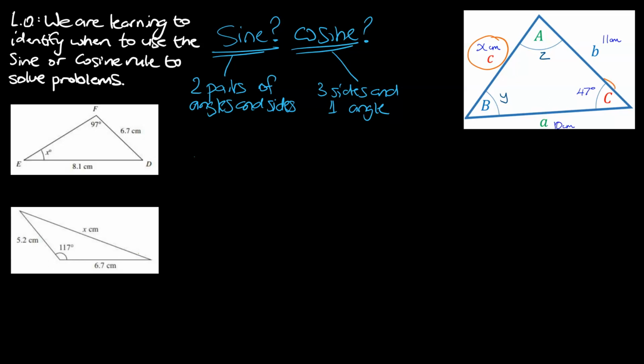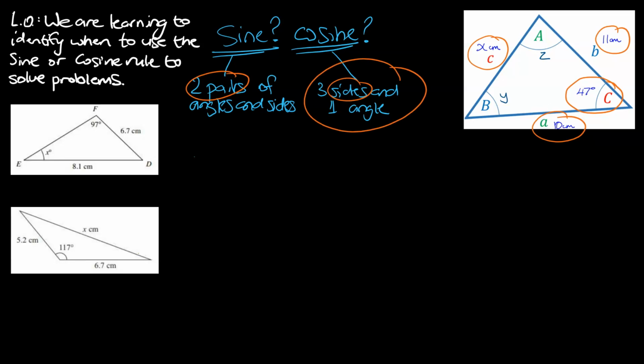We've got the opposite angle, which is 47, so that means we've got a pair, and we've also got 2 sides. So far it could be either of them, but we've also got 2 extra sides. For me, that's a dead giveaway: we're going to be using the cosine rule to find side x.